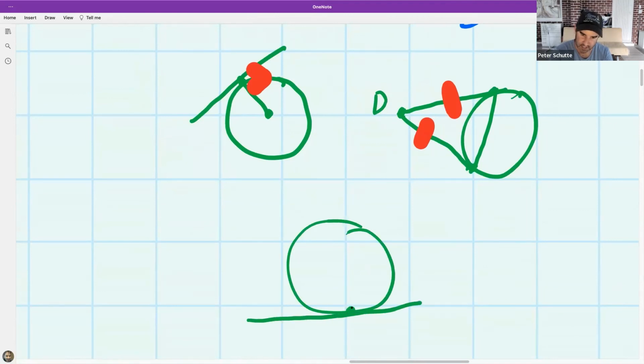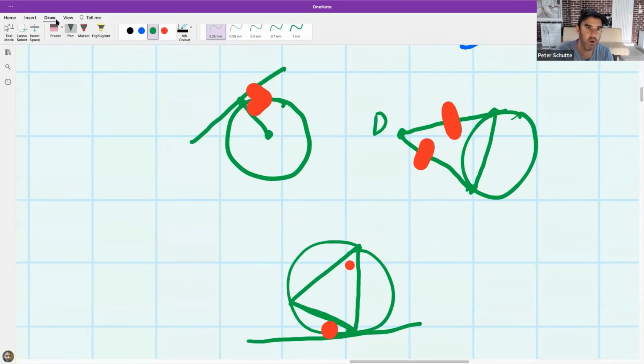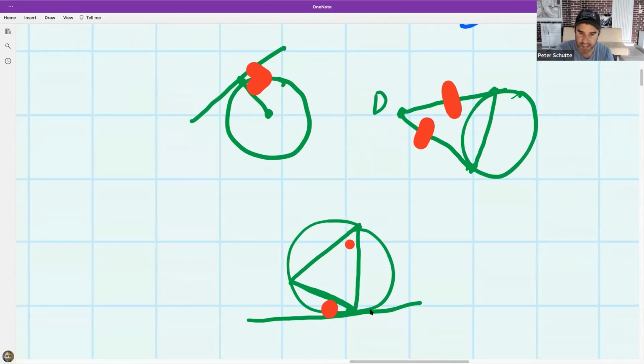And then the last thing we did today was if we have a tangent, and that tangent has a chord that makes an angle with that tangent, then there's a relationship between the angle that chord forms. So we would say this angle and this angle are going to be equal. And what's more, from the other side, this angle here and this angle here will be equal.